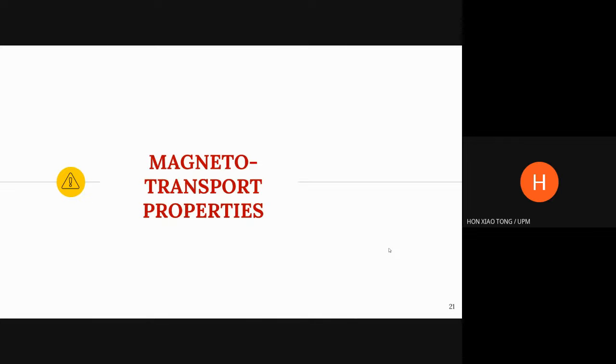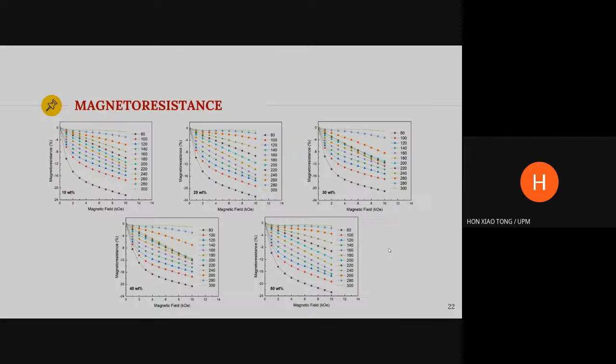And lastly, for the magnetoresistance transport properties, this is the magnetoresistance behavior. This is a typical magnetoresistance graph that we obtained for a manganite sample. It is clearly shown that the graph is divided into two parts, where the gradient is more stable at the lower magnetic field compared to the higher magnetic field.